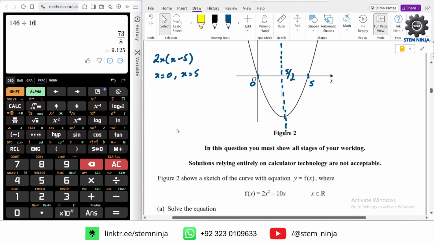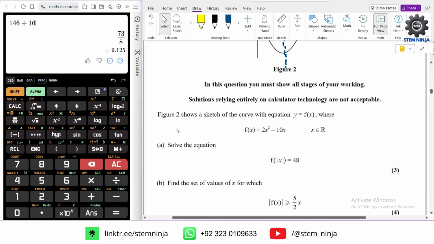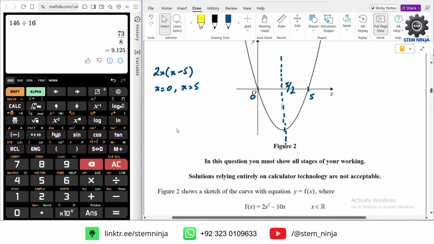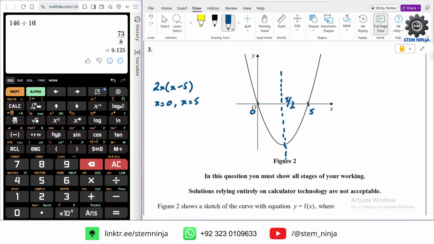Right, okay. So let's see what we have. Solve the equation y is equal to f mod of x equals to 48. Okay, so f mod of x actually creates a reflection of everything that is on the right side of that. Because mod x means any negative value will be turned into a positive value also.